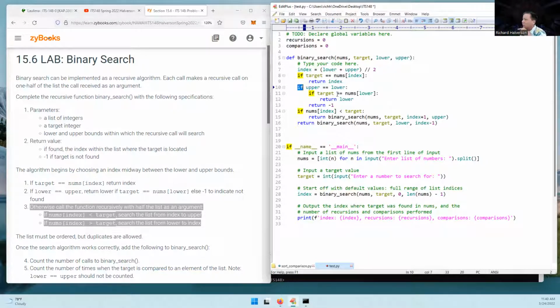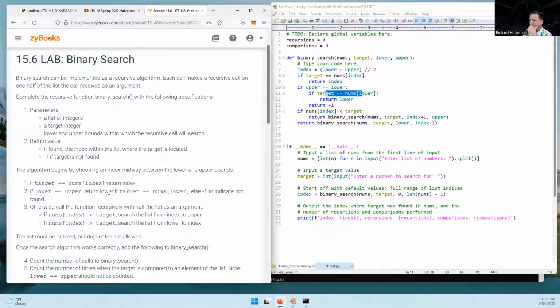It seems like if the upper is equal to the lower, then the index is going to equal that. And so I don't see how this is going to be any different than this. But if lower is equal to upper, return lower.